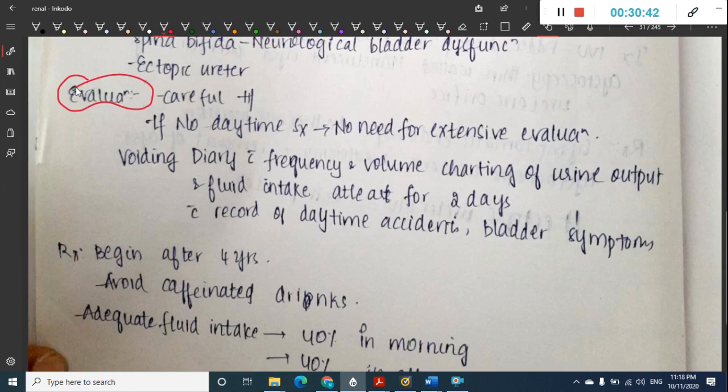We ask the parent or the baby to maintain a voiding diary with frequency and volume charting of urine output, and also add the fluid intake, for at least 2 days. We also record accidental daytime enuresis and any bladder symptoms. So the first important thing is maintenance of the voiding diary, which includes almost all the information about the baby's voiding habits.